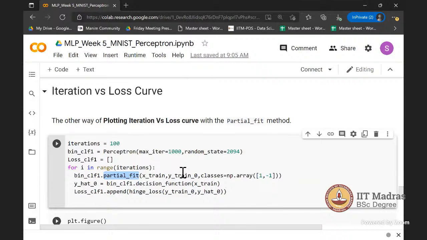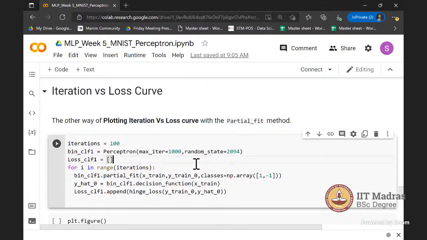And partial fit is kind of giving you that XW. Sorry, I'm not getting what is XW. XW means your W transpose X model. W transpose X means W0 X0 plus W1 X1 plus W2 X2. That will give you the partial fit.